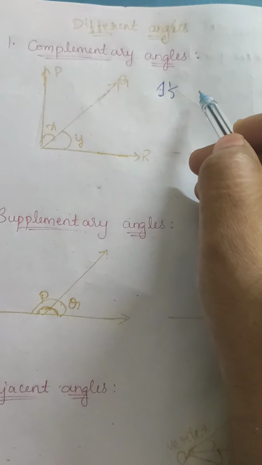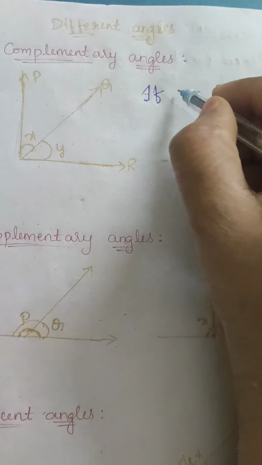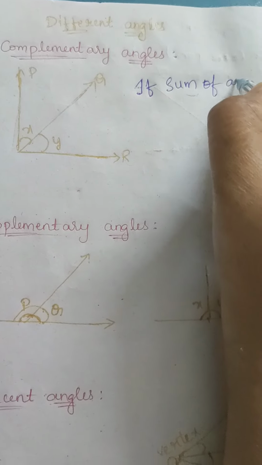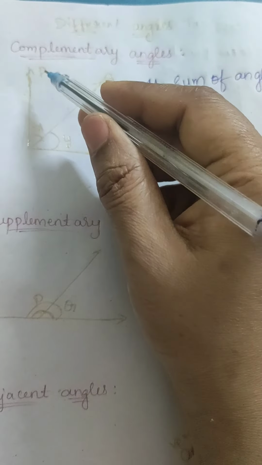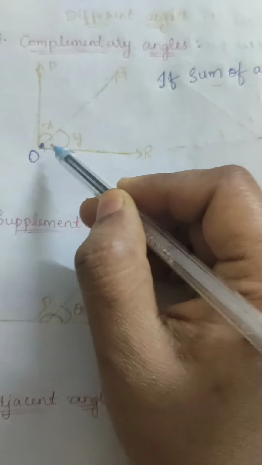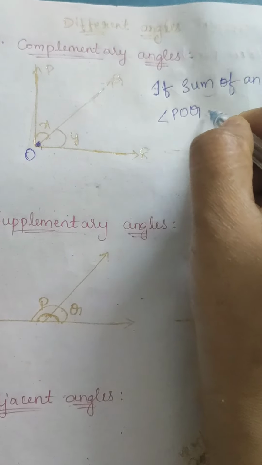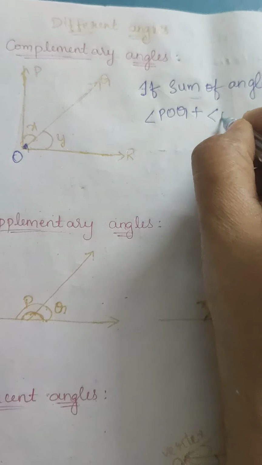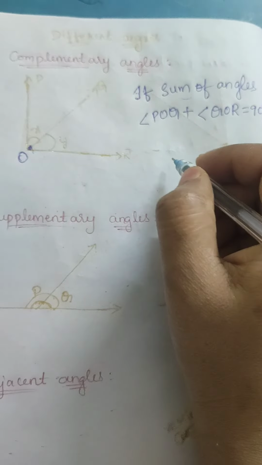What are complementary angles? If the sum of angles is equal to 90 degrees. For example, if we take the vertex O, angle POQ plus angle QOR is equal to 90 degrees.